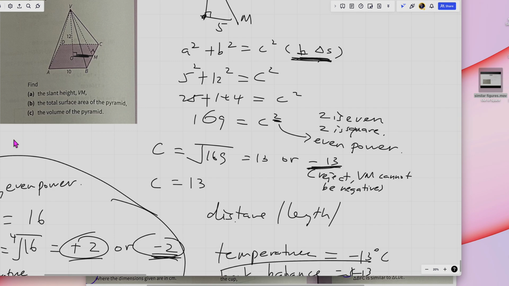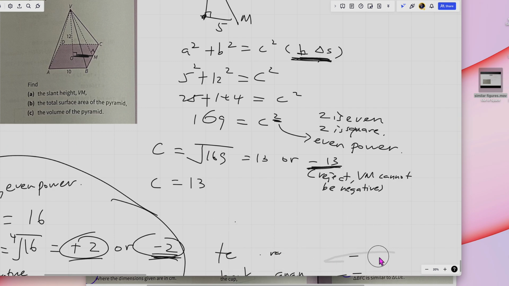Okay, but anyway, I'm talking about another question already. So, this one you reject, because C is a length. So VM equals 13, not 13 or negative 13, it's 13 only, because you reject the negative 13, because VM cannot be negative.